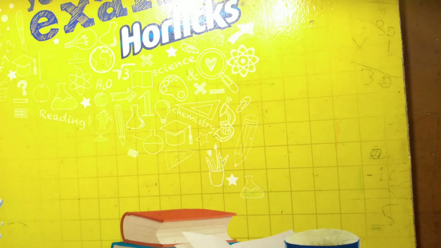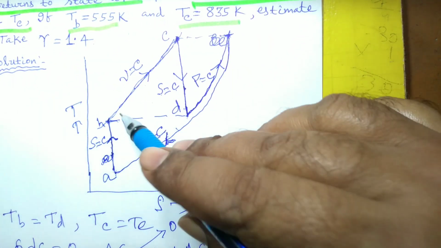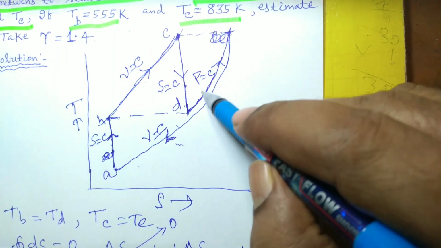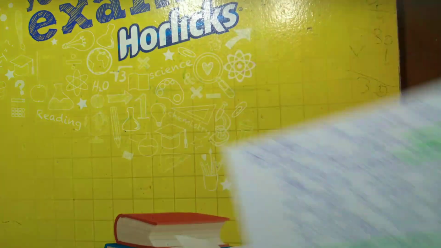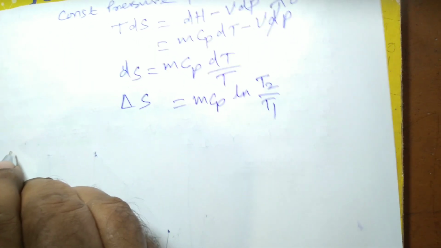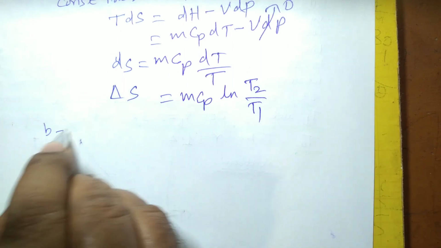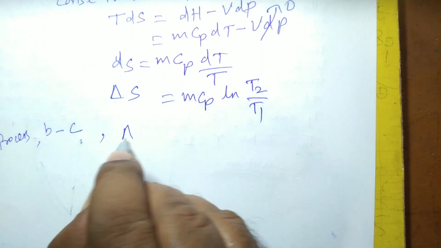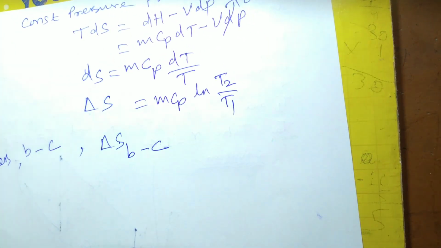So now, out of these three processes, two are constant volume processes, like BC and EA, and DE is constant pressure process. So now delta S BC will be how much? If you calculate the change in entropies, that expression will be like for process BC, delta SBC is a constant volume process.